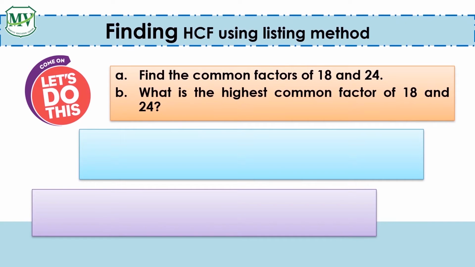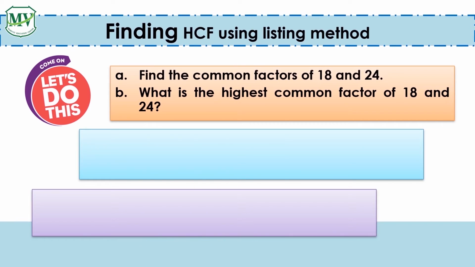We are going to find the common factors and the highest common factor of 18 and 24 using listing method. First, we will find the common factors of 18 and 24. Let's list the factors of 18. You're fast!